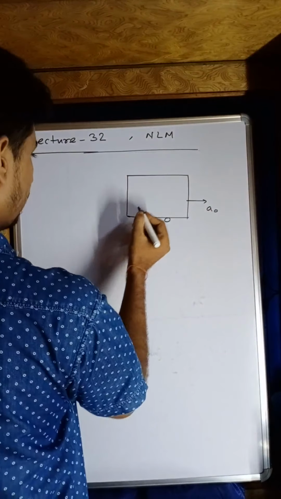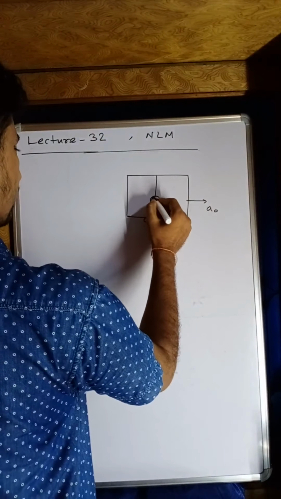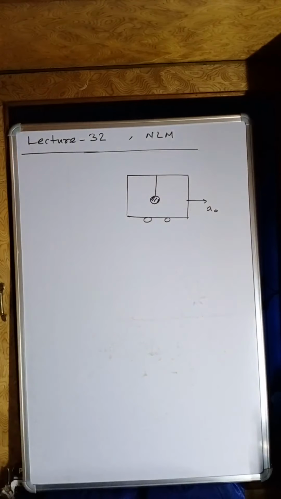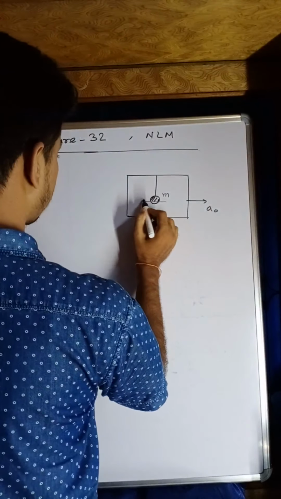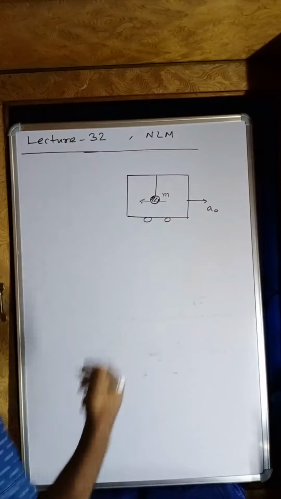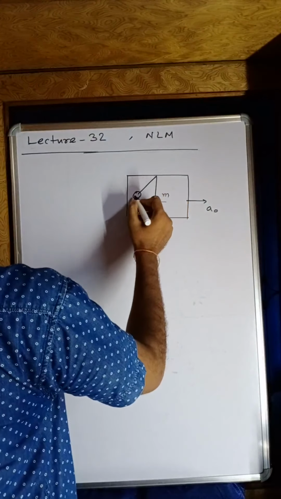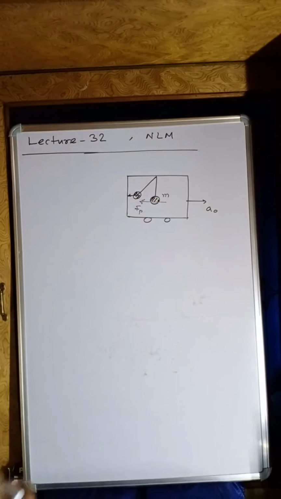If a frame is moving with some acceleration, suppose a naught, then any body kept inside this frame will experience a force. If its mass is m, it will experience a force in the direction opposite to the acceleration of the frame. That force is called the pseudo force, and as a result the body will fly off in this way.